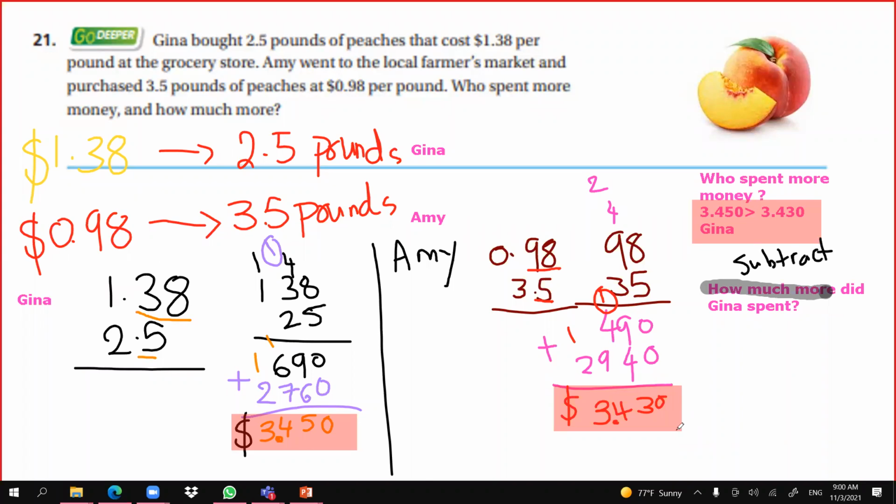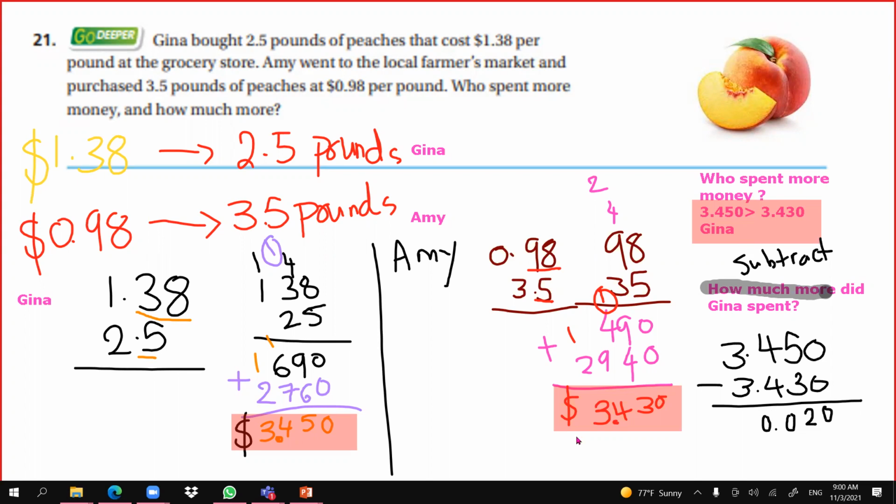Now, how much did Gina pay? She paid 3.450. How much did Amy pay? She paid 3.430. And as you know, we have to subtract the smaller from the greater one. Then 0 minus 0, 0. 5 minus 3, 2. 0.